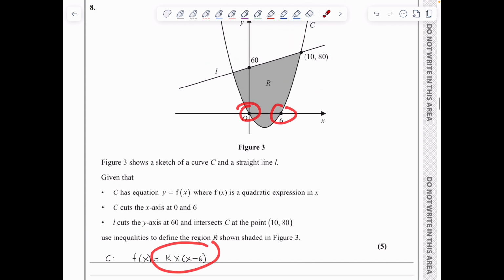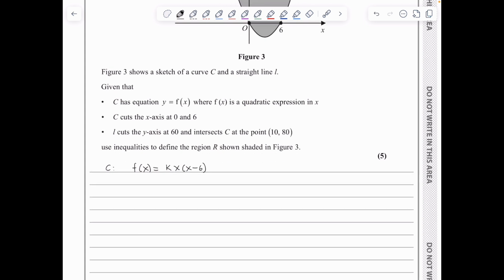Then I will use the fact that we pass through the point 10, 80 to determine k. So f of 10 is equal to 80, which means that 80 is equal to k times 10 times 10 minus 6. This leads to 80 is equal to 40k, and therefore k is equal to 2, and we conclude that f of x is 2x times x minus 6.